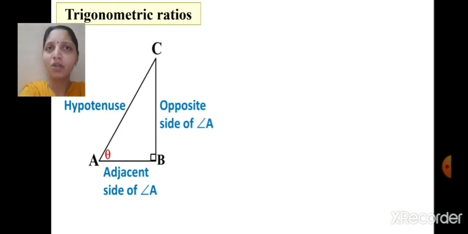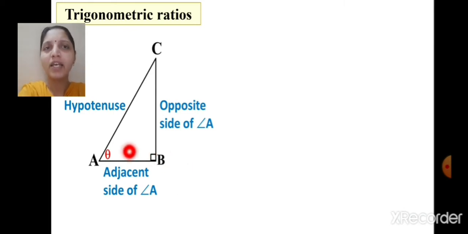So what is trigonometry? Trigonometry is nothing but the study of relation between sides and angles of a triangle. And I told you that in trigonometry we are going to consider only a right angle triangle. So here I have considered triangle ABC, and in this triangle angle B is 90 degree.